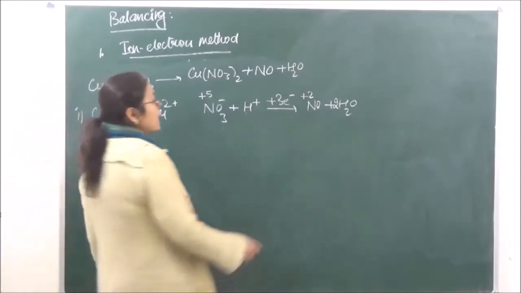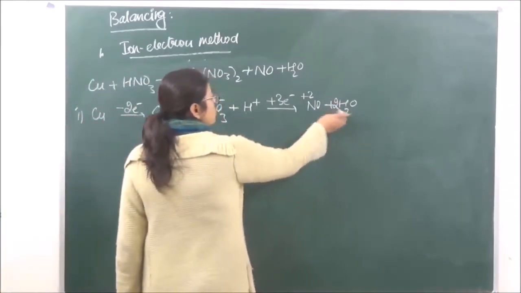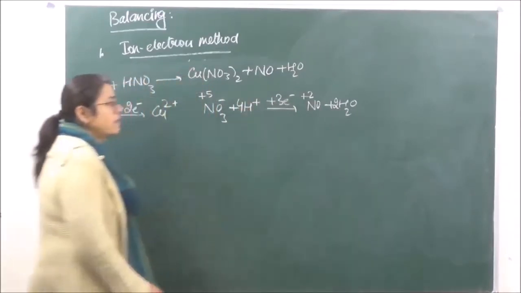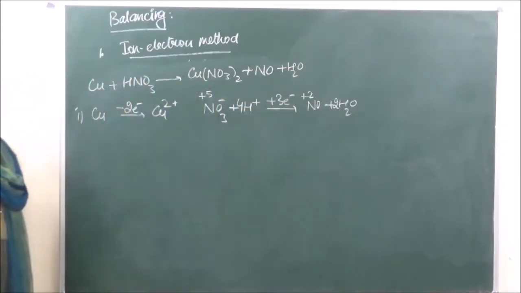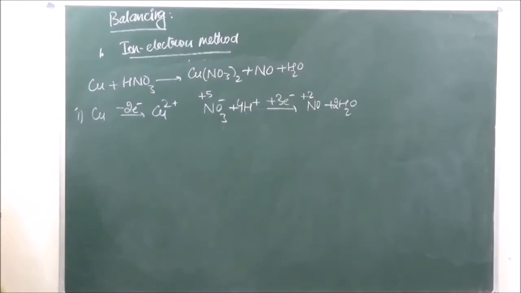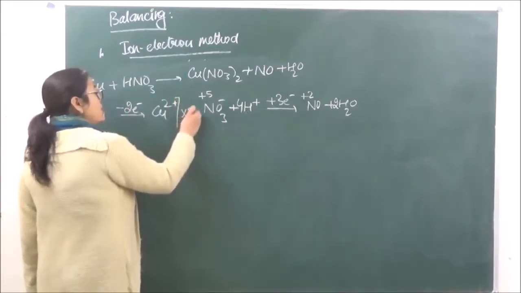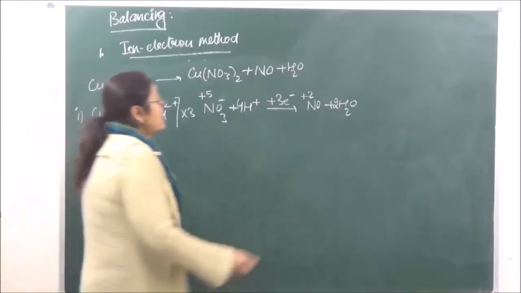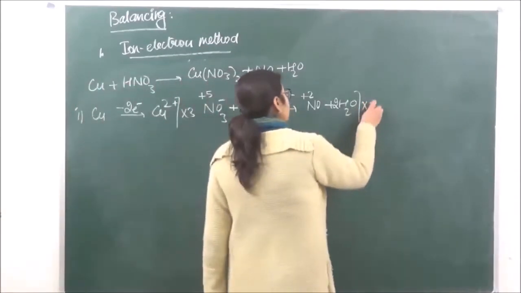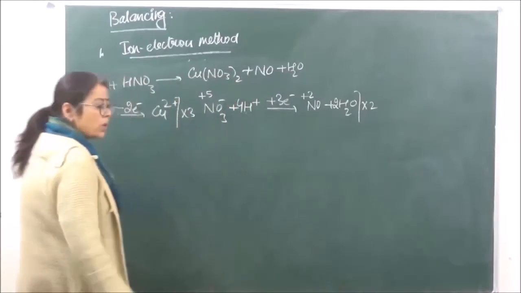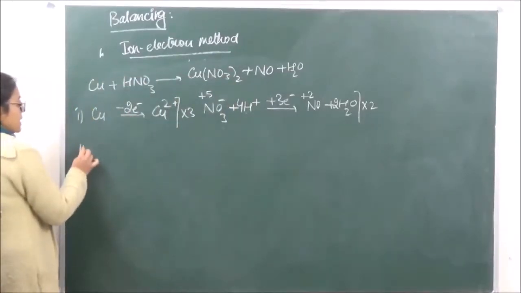ठीक है, अब यहाँ पे finally then you have to balance this hydrogen. There are 4 hydrogens over there, so you balance 4 hydrogens over here. Is it clear? अब यहाँ पे जब हम लोग electrons हमारे पास आ गए, what we need to do is cross multiply the equation so as to get the same number of electrons. यहाँ पे 2 है, वहाँ पे 3 है, तो we multiply this equation by 3 and we multiply this equation by 2. So what are we going to get in the second step?